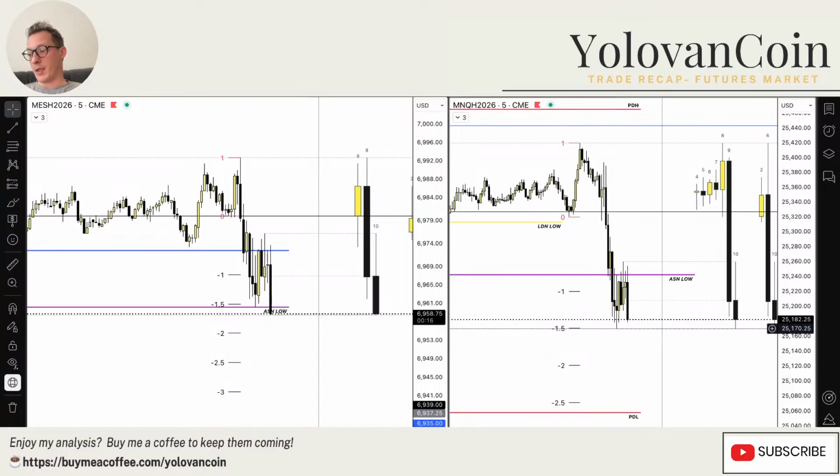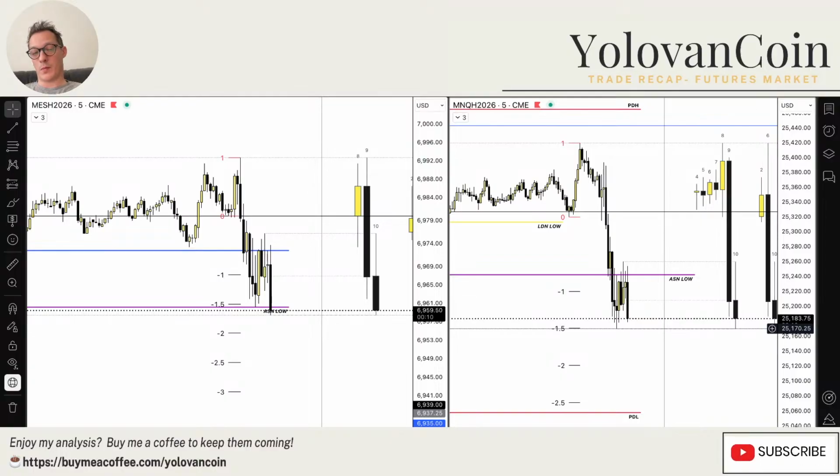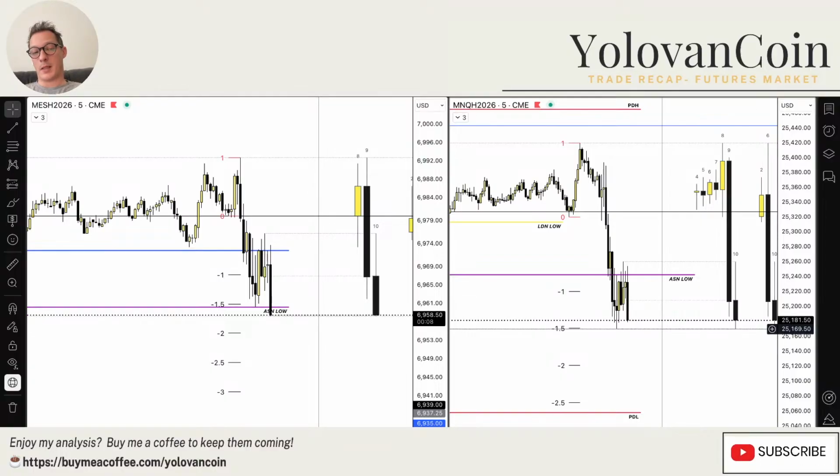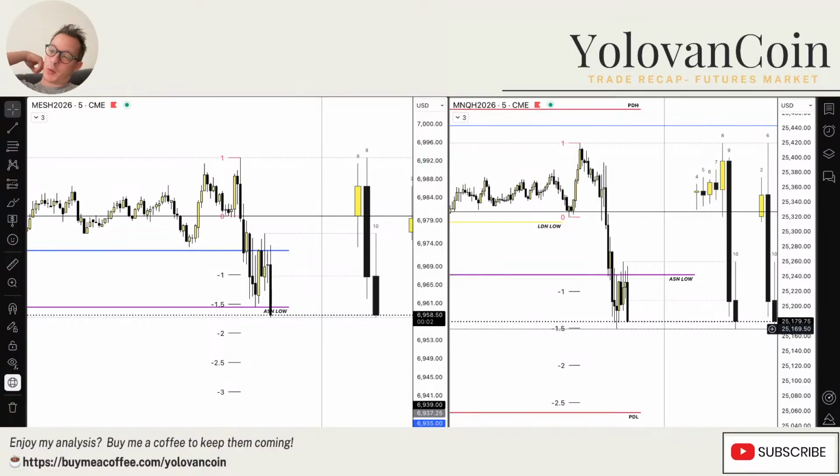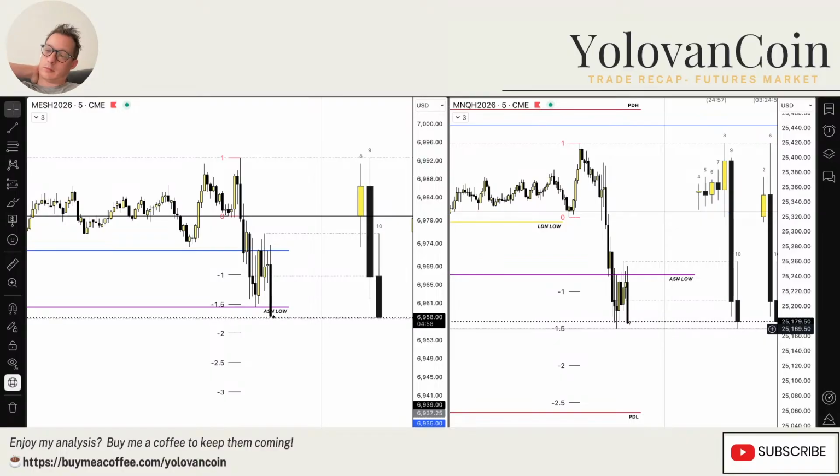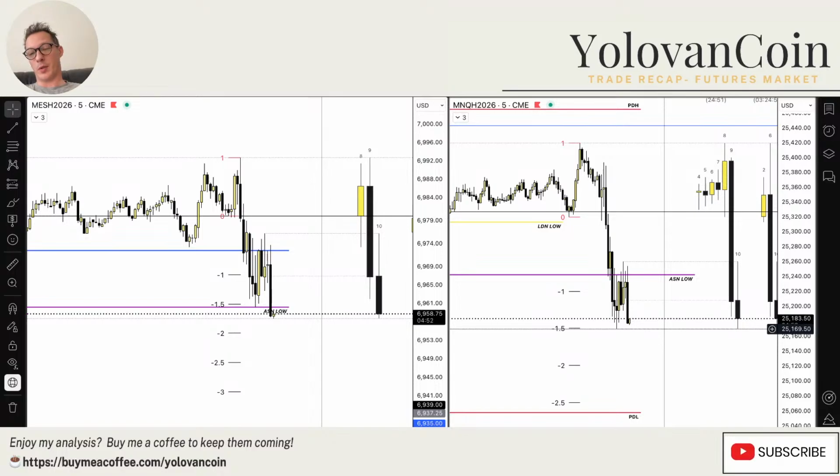Because both of the indices, you see, it took both of the indices actually under Asian low. And now that means both of them under Asian low. So SP 500 actually was a lagging instrument, but 150 point is easier than 300 points to the up move.